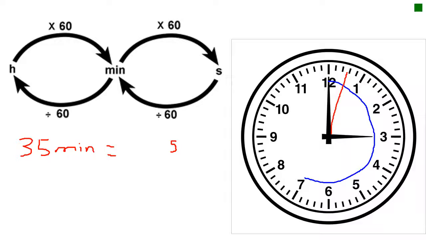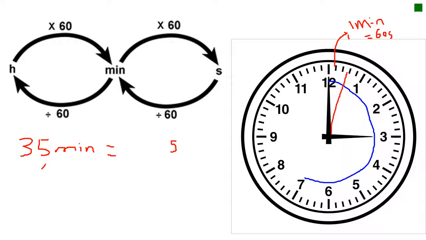So every one of these is going to represent a single minute. And every single one of those minutes equals 60 seconds. So we're going to have to multiply by 60.